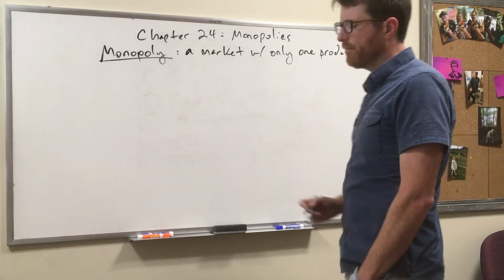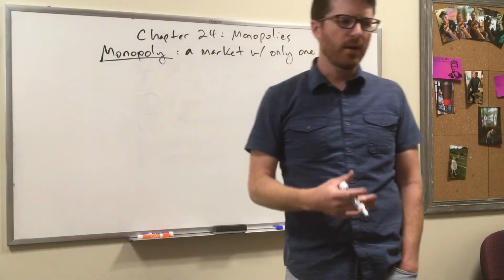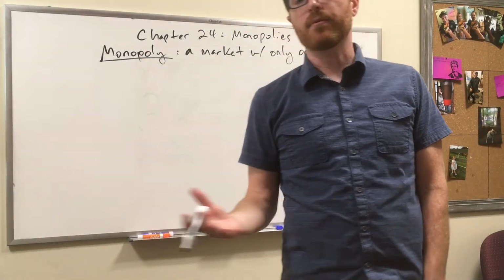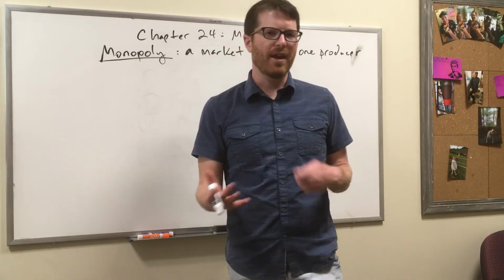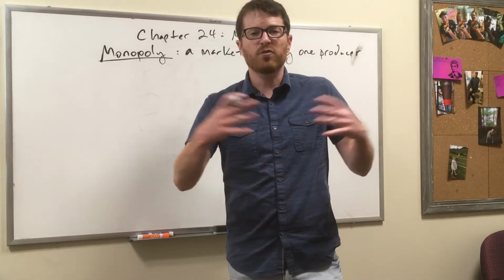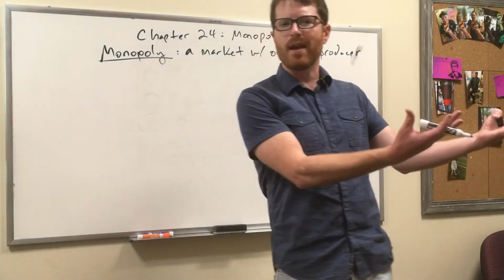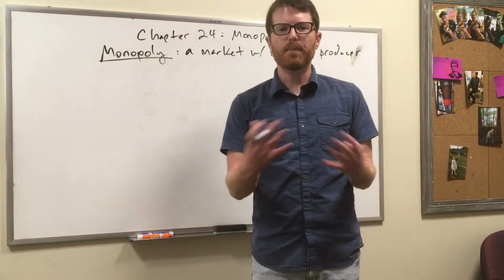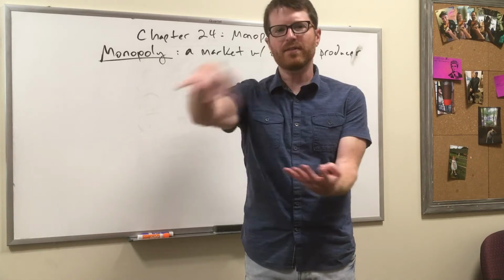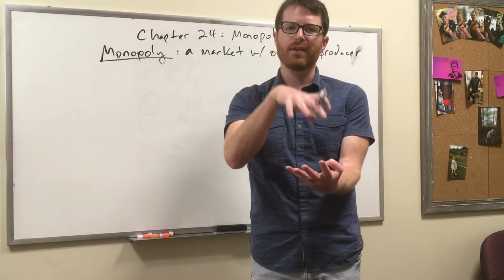For example, you could make the argument that at Georgia College, Sodexo does our food, so they have a monopoly of sorts. It's not a real strong monopoly because you can walk downtown and get food elsewhere, but it's a type of monopoly. We sometimes call that a spatial monopoly. In the space of Georgia College, they're the only ones that can sell food.